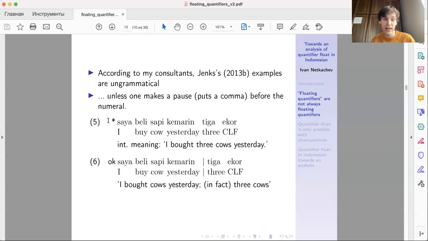They claim that this is not grammatical, and they cannot pronounce the sentence as a single intonation unit. However, if you make a pause before the quantifier, in this case before the numerative complex, the sentence becomes perfectly grammatical. And it translates as, I bought cows yesterday. In fact, 3 cows.